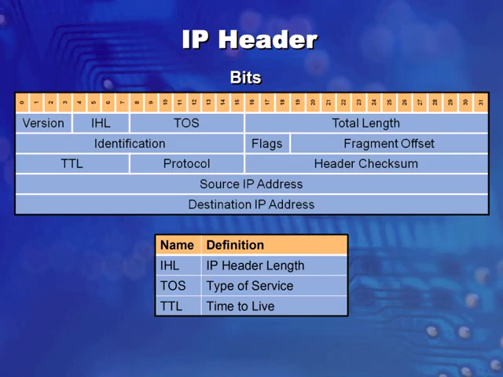The protocol field identifies the header that's going in the layer 4 portion of the overall packet. So the protocol field will identify the type of header that's at layer 4, whether it's protocol 1, which would be ICMP, Internet Control Message Protocol, or 6 for TCP, or 17 for UDP, are 3 common protocol numbers we'd see there.